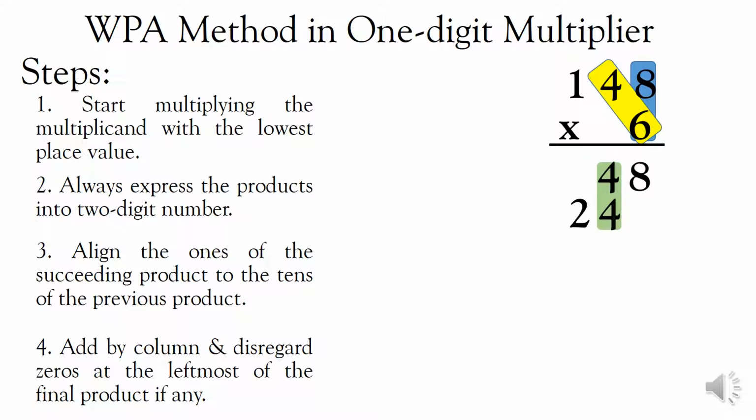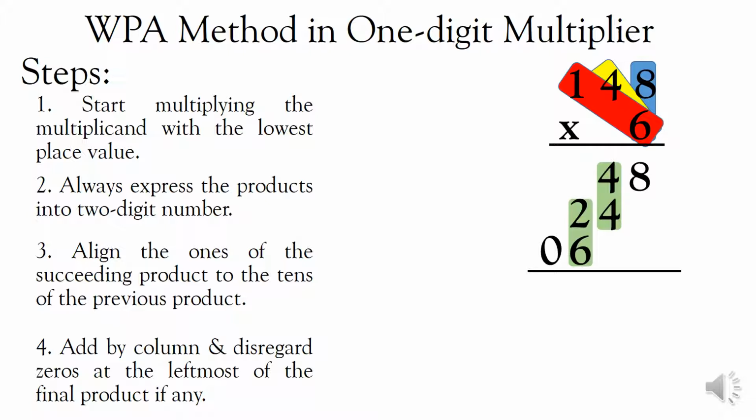Next to be multiplied by 6 is the digit 1, which gives us a product of 06, aligning the ones of it, which is 6, to the tens of the previous product, which is 2. Since there is no number left to be multiplied, we will take step 4, that is adding the digits by column.